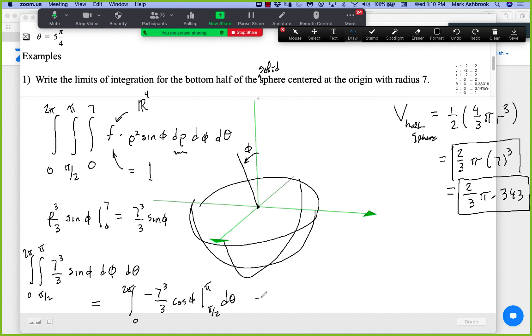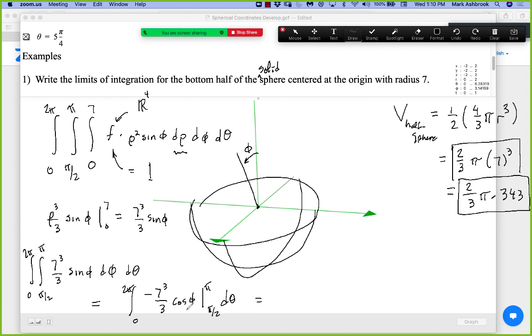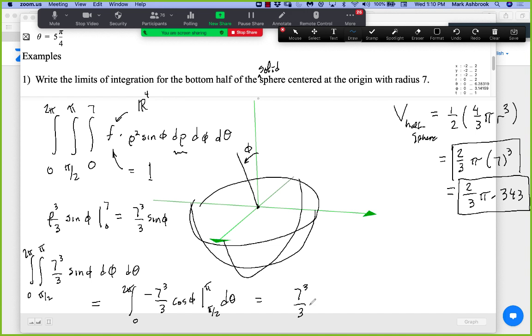Okay, so what is that? Plug in pi, we get what? Cosine of pi is -1 times negative 7 cubed over 3 is 7 cubed over 3. And then plug in pi over 2, cosine of pi over 2 is 0.